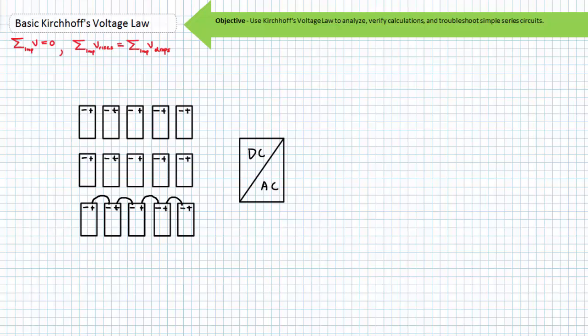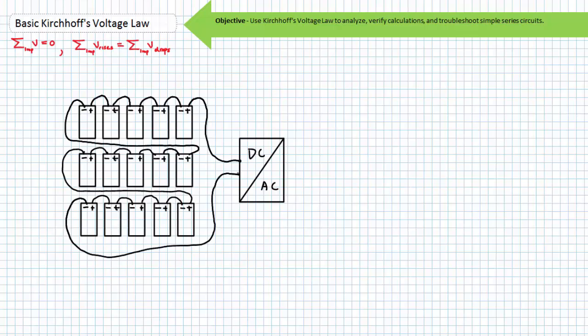The modules themselves need not physically be placed in line with one another. As long as they are electrically in series with one another, this will be a series aiding configuration. This string of 15 panels, each producing 31 volts, would have 15 times 31, or 465 volts DC across it.